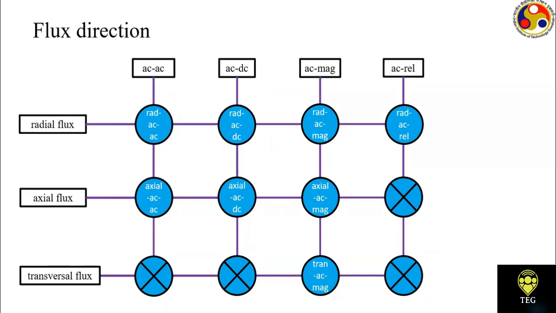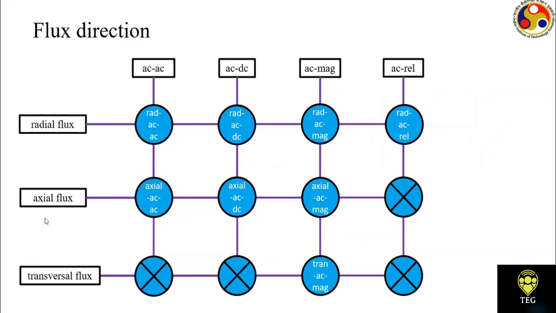Based on the excitation, we can have AC excitation, AC DC. The first two letters are for the stator and the second two letters are for the rotor. Then we can have AC magnet and AC reluctance. For all these four types of sources, you can have a radial flux machine.